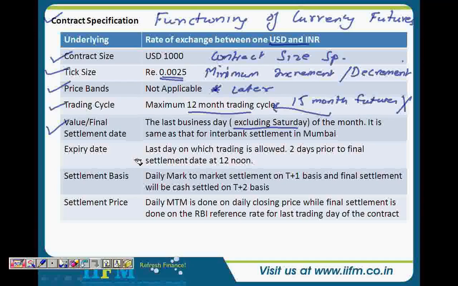Now we distinguish between the expiry date and final settlement date through an example. Let's just go to the example. For example, we have a contract for the month of June. For a June contract, the settlement date would be the last business day of the month.